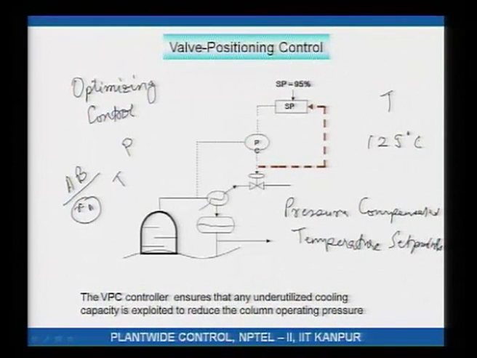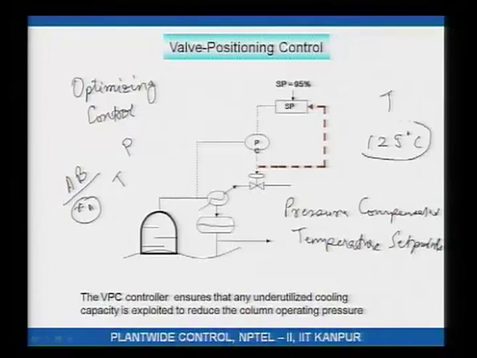Now, if the operating pressure of the column goes up because of the action of the valve positioning controller, then for the same separation at the higher pressure, the same composition liquid will boil at a higher temperature, therefore, the temperature should be higher. So, if pressure goes up, temperature set point should also go up. By how much?